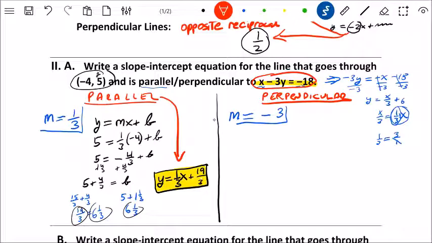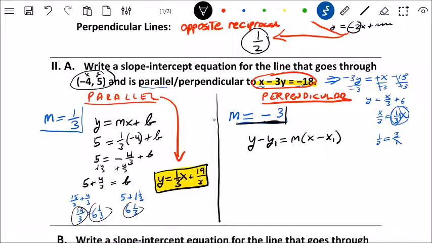Now for perpendicular, we're going to do the same type of thing, but we're going to use this slope. Now we can do y equals mx plus b, but the other way that you can get the equation is to use the point slope form and work it all out, and it'll get y equals mx plus b. I'm going to try this one this time. So the point slope form is y minus y sub 1 equals slope times x minus x sub 1.